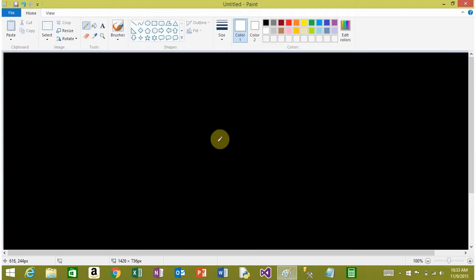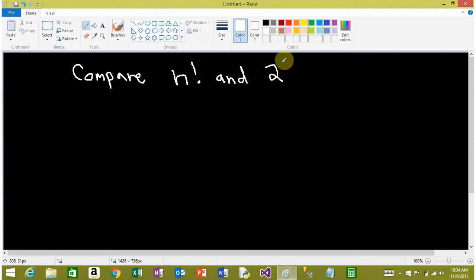And now we're going to say, before we have a statement that we're going to prove, we're just going to compare these two expressions and then make a claim about it and see if we can prove it. So let's say we compare n factorial and 2 to the n. These two different functions here.